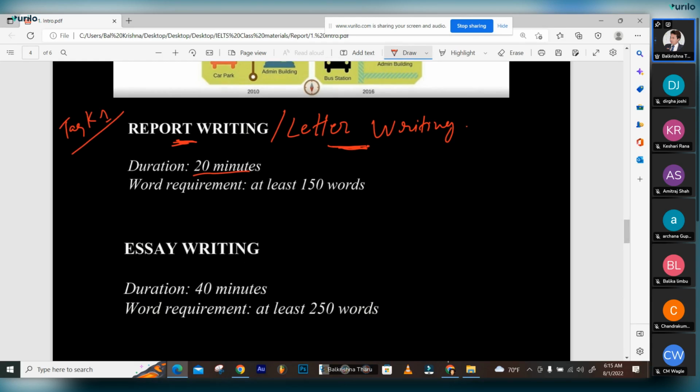So the time duration and the word requirement is the same for both the tasks, tasks for the AT and tasks for the GT.